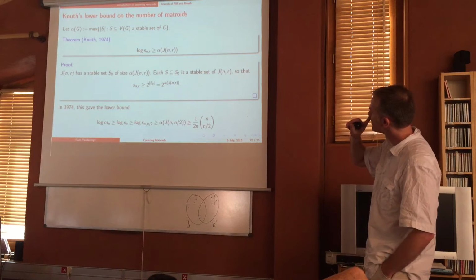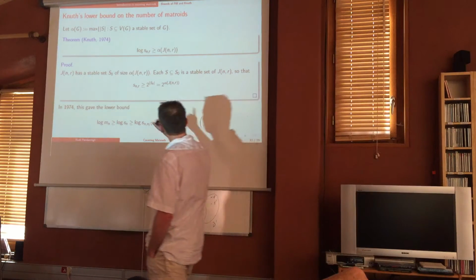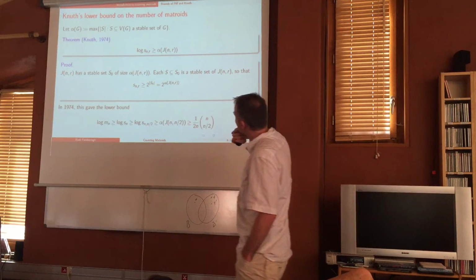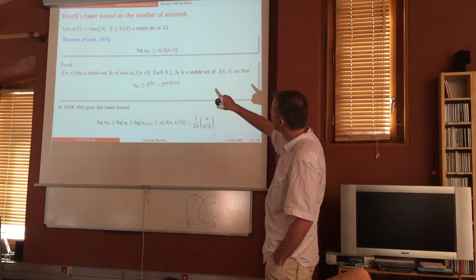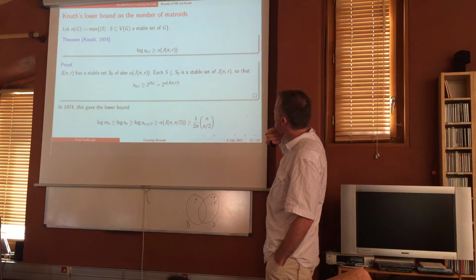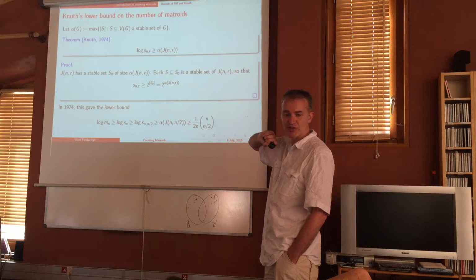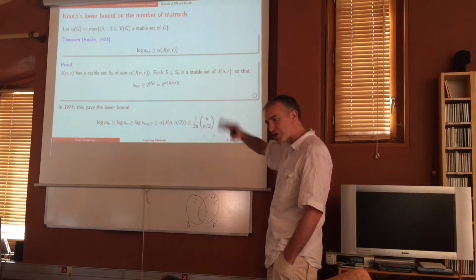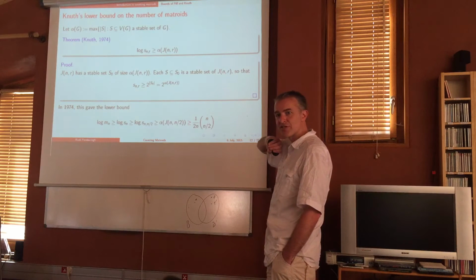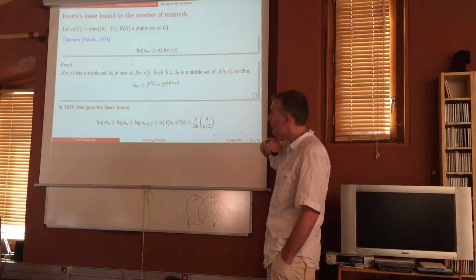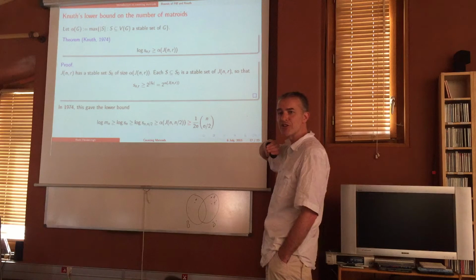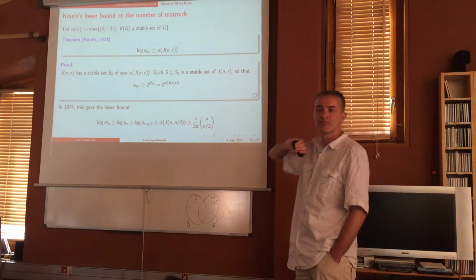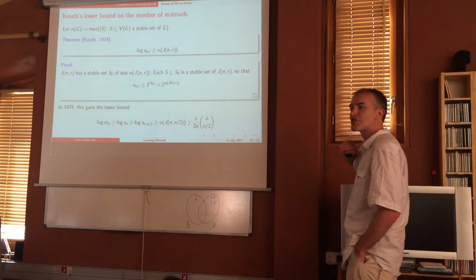You have to realize that the logarithm of the number of stable sets in the Johnson graph is at least the size of the largest stable set in the Johnson graph. Because if you have a stable set in any graph, all the subsets of this stable set are stable sets themselves. So if you have a large one, then 2 to the power of its cardinality is a lower bound, and taking logarithms, the size of the largest stable set is a lower bound for the logarithm.